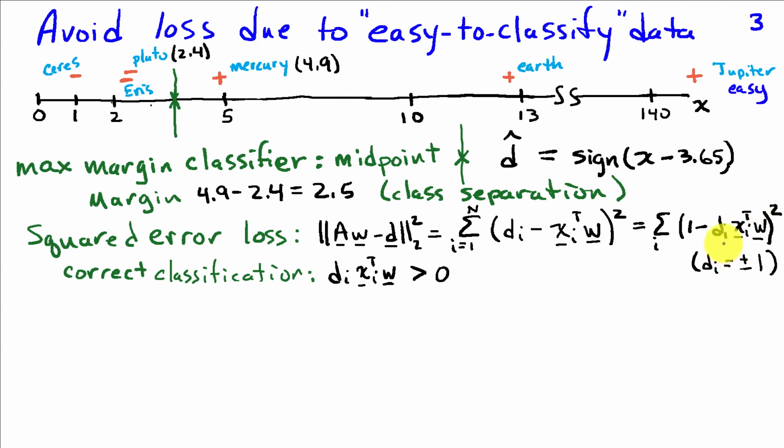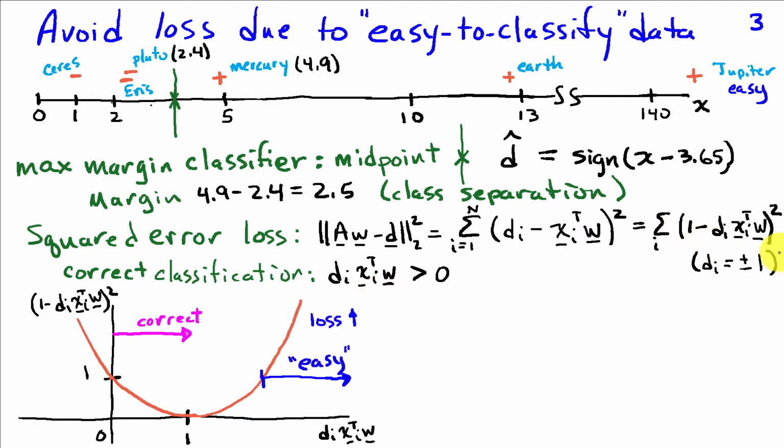If di has the same sign as xi transpose W, then I'd make a correct decision. So when di times xi transpose W is greater than 0, I make a correct classification. If di has the opposite sign of xi transpose W, then I'm making a misclassification.